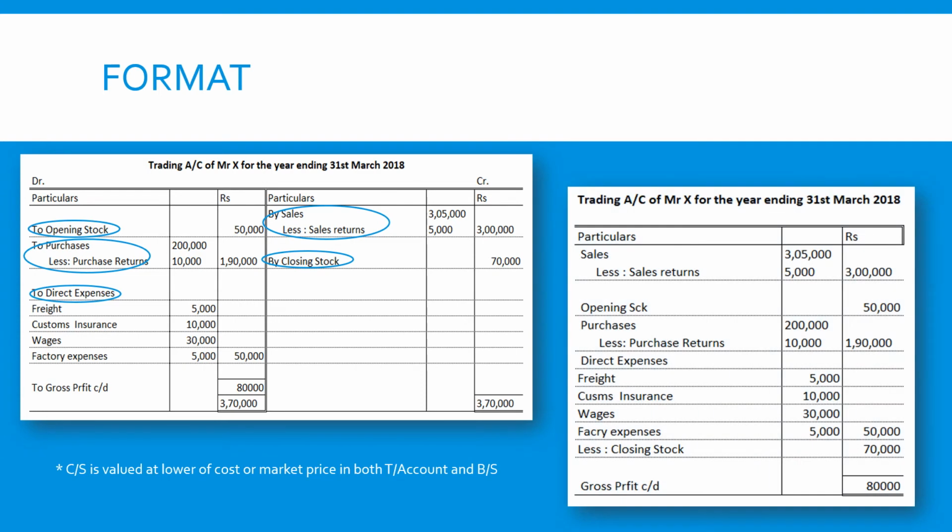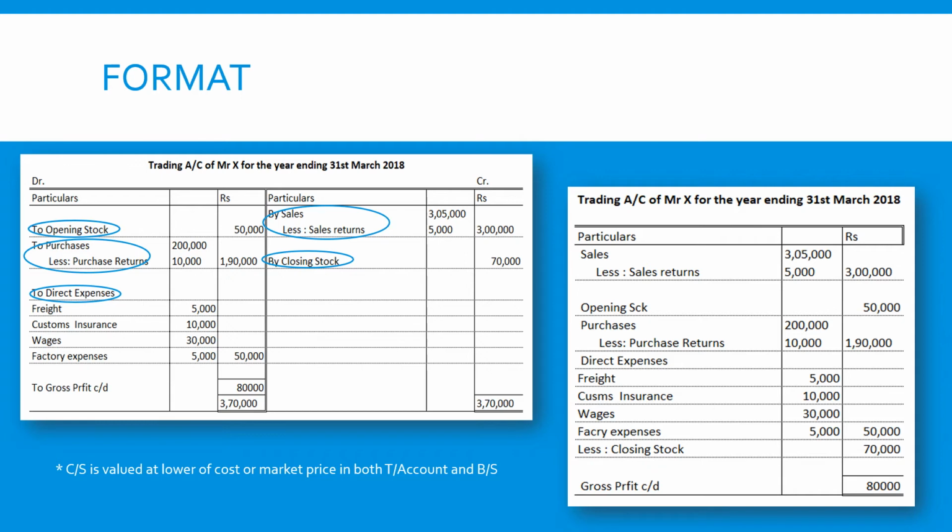Okay, so this traditional format is what I showed you in the first table, and there is another format that I am showing on the right side. This is another format where we show it in a vertical shape. This is more of a modern approach, because in modern accounting people prefer to go with this vertical shape.